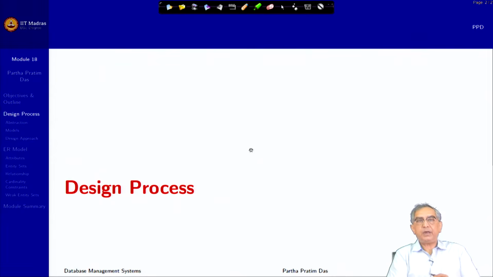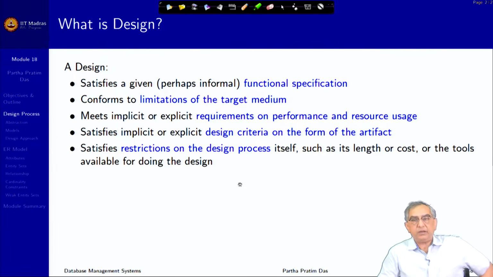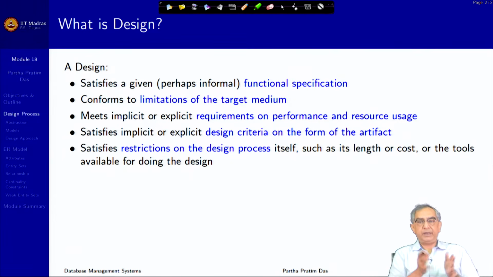Now, talking about the design process, let us in general try to see what is design, what do we mean by designing. Naturally, when you design for a requirement, you have a requirement specification or functional specification that you want to design for and meet those requirements. This could be a simple academic application like instructors, courses, students, course attendance, grades and all that.